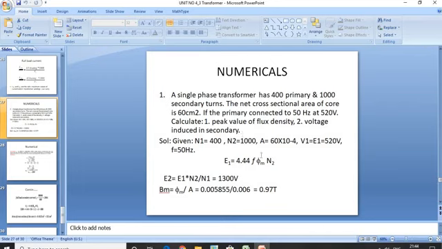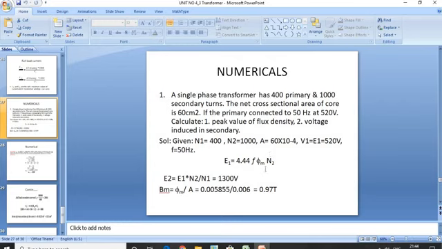Okay. So for finding flux density, we have a formula: flux per unit area is the flux density, which is equal to phi max upon area. But phi max is not given, so we have to use the EMF equation of transformer. E1 is equal to 4.44 F phi max into N1. Now E1 is given, frequency is given, and N1 is given. Hence phi max is equal to E1 upon 4.44 F into N1.